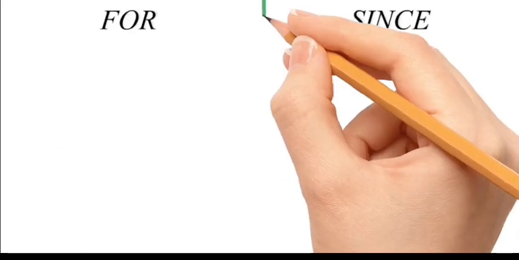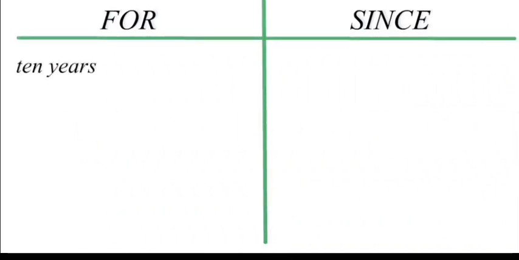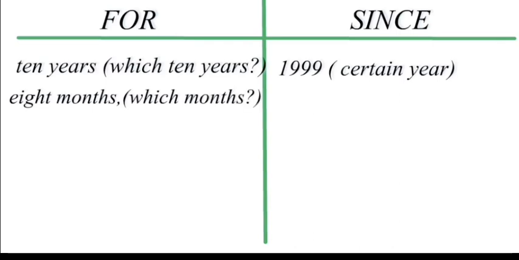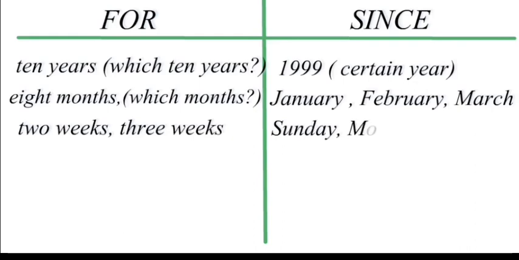See some parameters to understand certain and uncertain time. If I say 10 years, it's an uncertain time, and if I say 1999, it's a certain time. If I say 8 months, it's an uncertain time, and if I say January, February, March, April, it's a certain time. If I say 2 weeks, 3 weeks, it's an uncertain time, and if I say Sunday, Monday, Tuesday, it's a certain time.